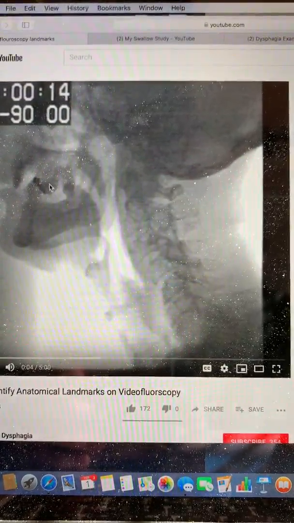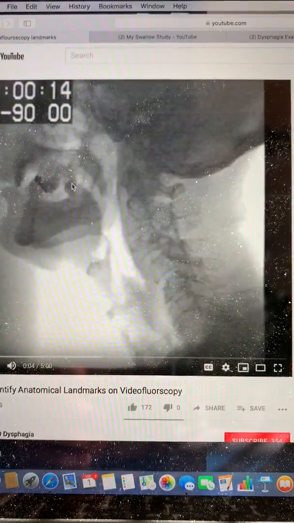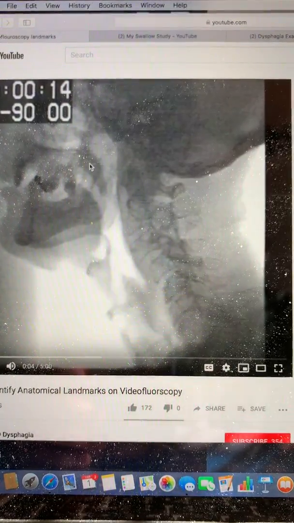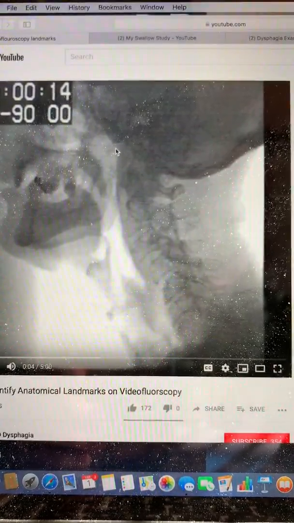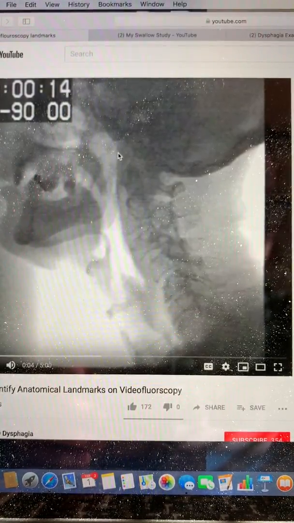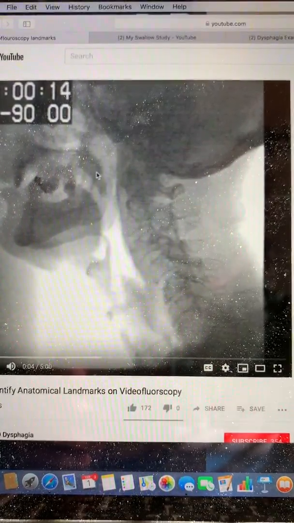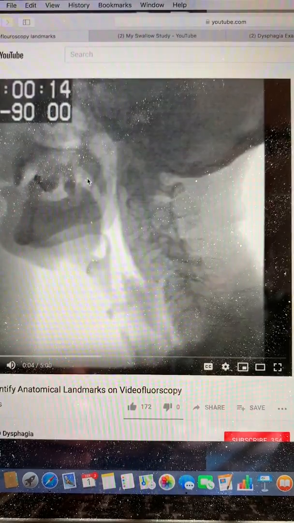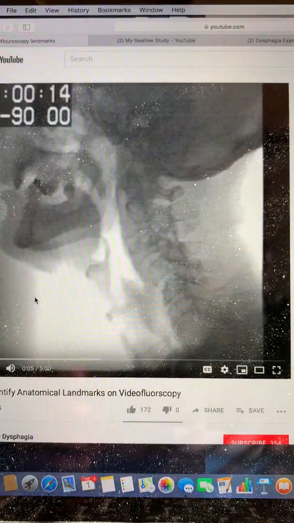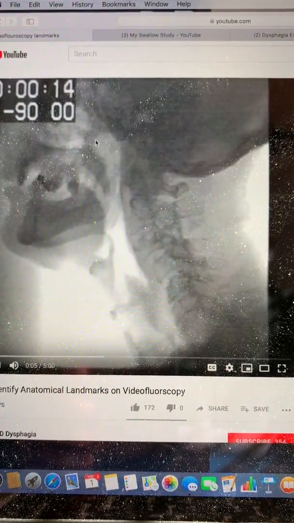So this tongue base is going to push up against this hard palate, creating a little slide for the bolus. This soft palate is going to go up to touch the posterior pharyngeal wall, which creates a blockage here so that the bolus does not go up into the nasal cavity, causing nasal regurgitation.